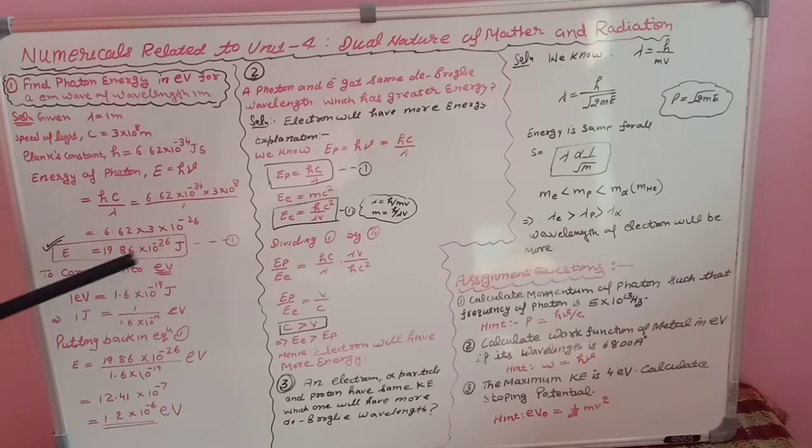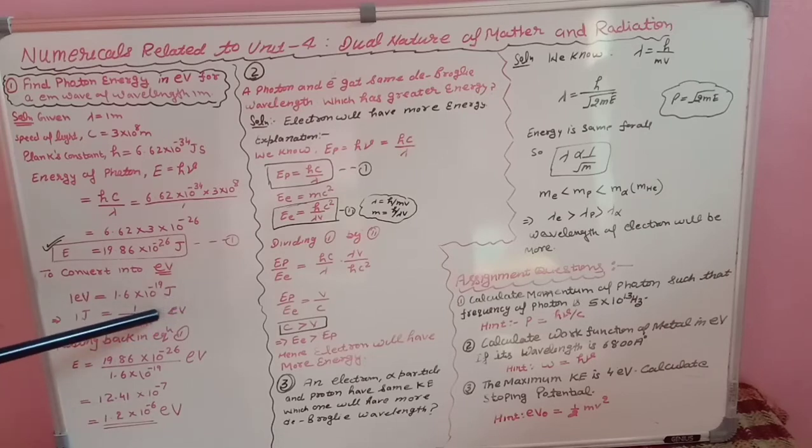But students, here the answer is in joule. But in the question they have asked us to calculate the photon energy in electron volt. Okay, so we have to convert this joule into electron volt. When we completed this theory, I told you one very important expression which also comes in MCQs, that 1 electron volt is equal to 1.6 into 10 raised to power minus 19 joule.